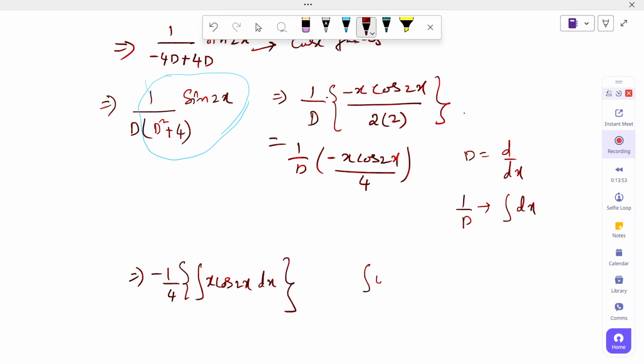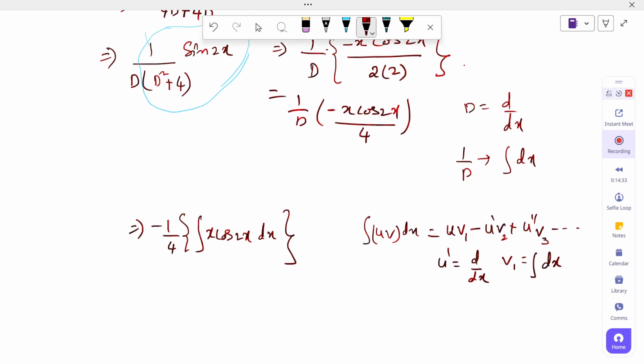What is the formula for integration of uv dx? Bernoulli's integration by parts: u into v1, then minus u dash v2, then plus u double dash v3, minus, and so on, where u dash stands for differentiation and v stands for integration.